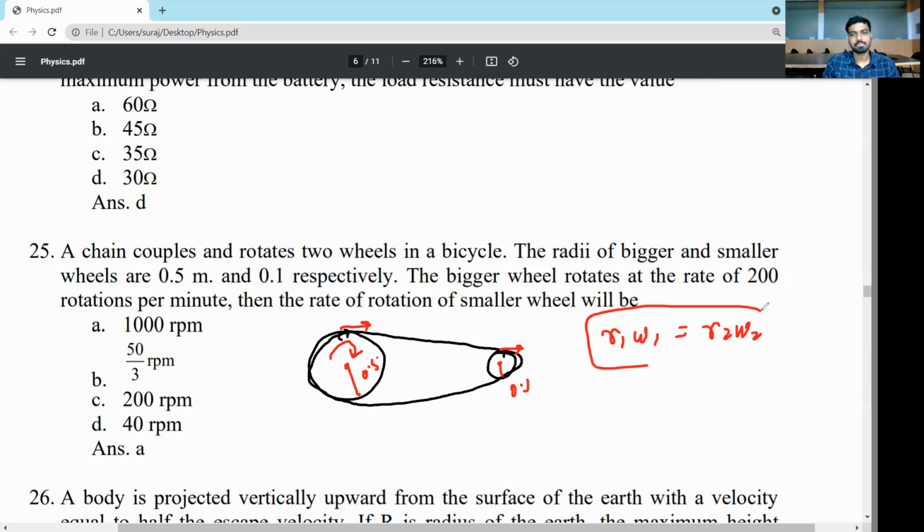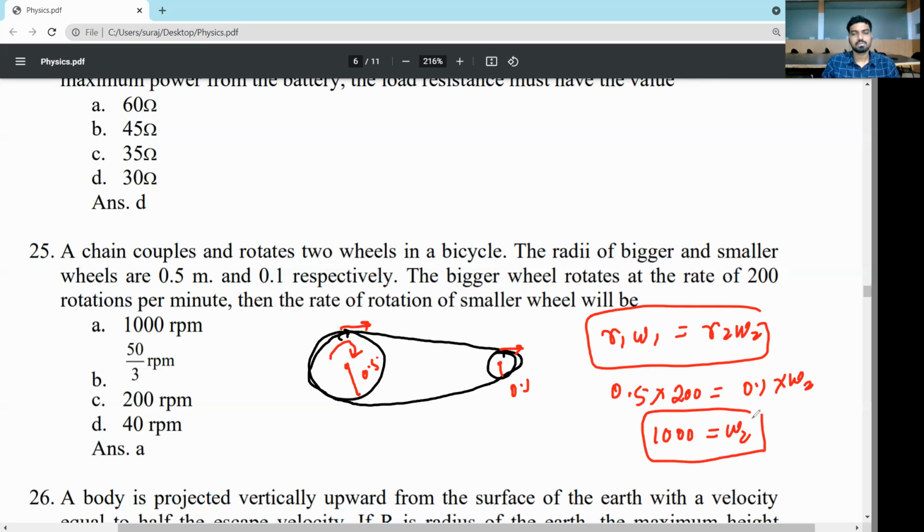So 0.5 into 200 equals 0.1 into omega 2. This becomes 5 into 2, 1000 rotations per minute. Tangential velocity should be the same. Option A is correct.